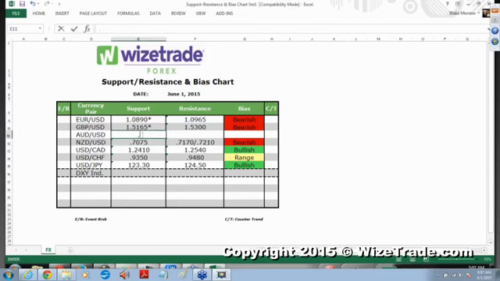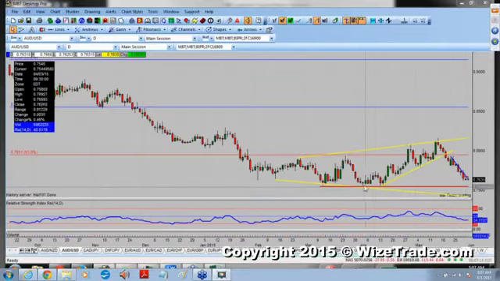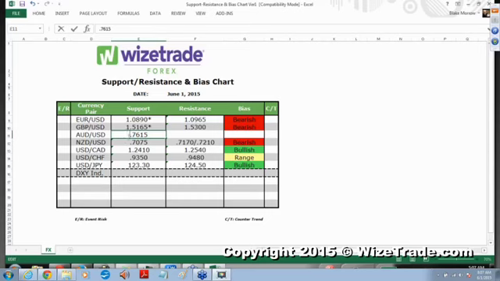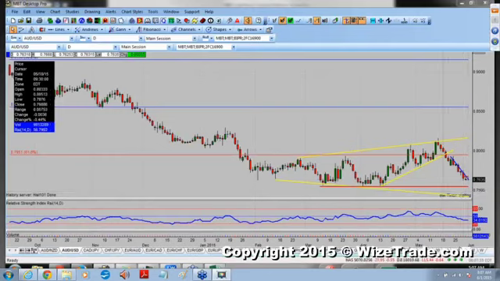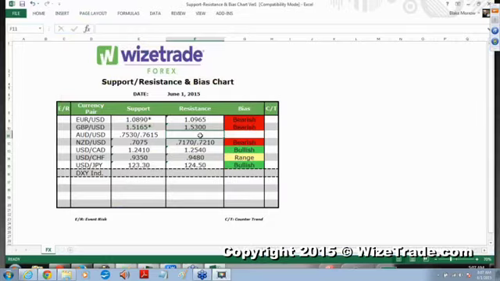So we have support at 76.15, but below that is going to be 75.30. And then resistance, again, we have to take out 76.75 to take off the downside pressure.